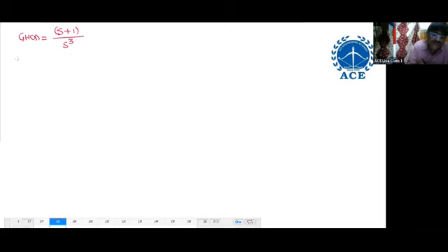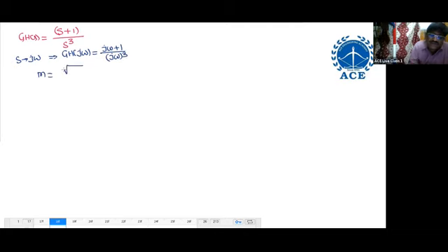Draw it. S replaced by j omega. So GH of j omega equals j omega plus 1 by j omega whole cube.